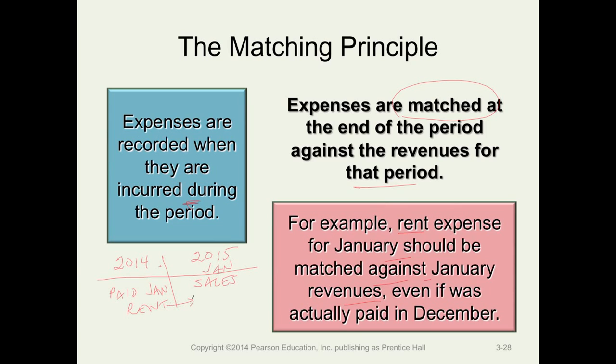Therefore, the rent only is expensed to match against those revenues because that's when the store was open for business and that's when you sold those products. So the rent paid in December or paid in advance is not an expense. It's only expensed when it's used up.